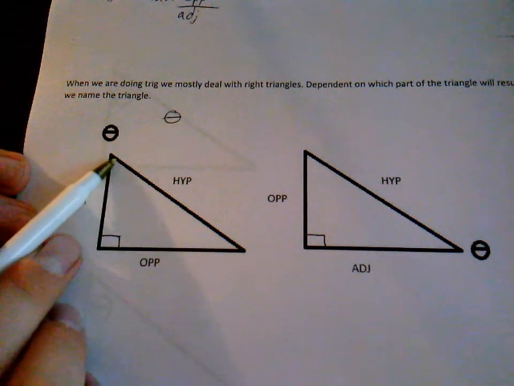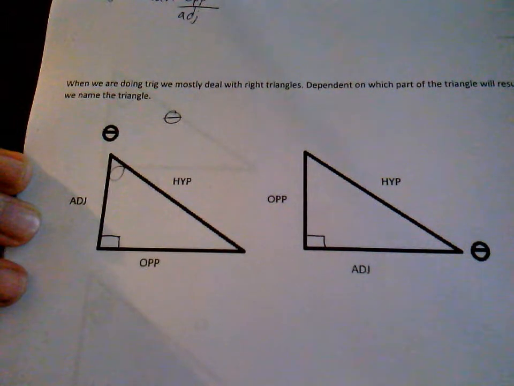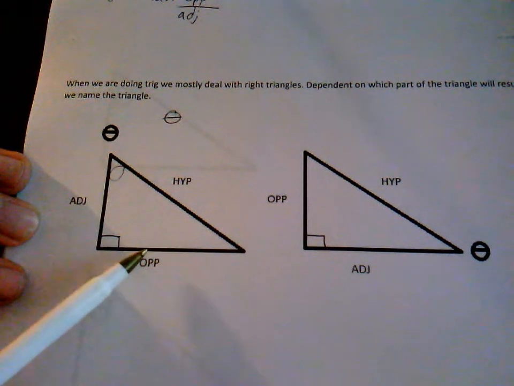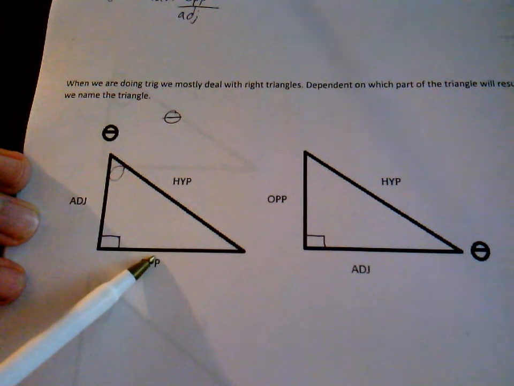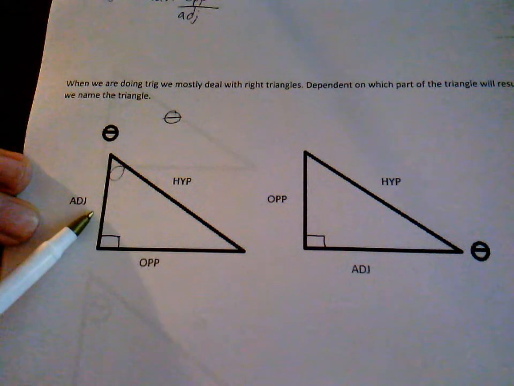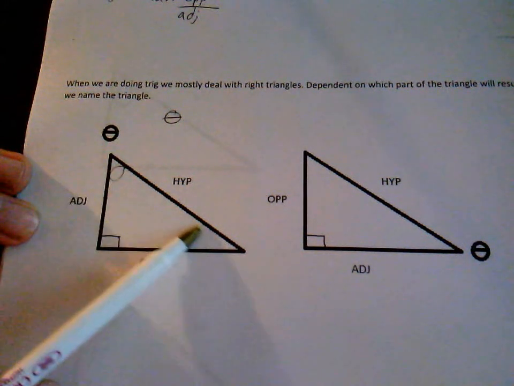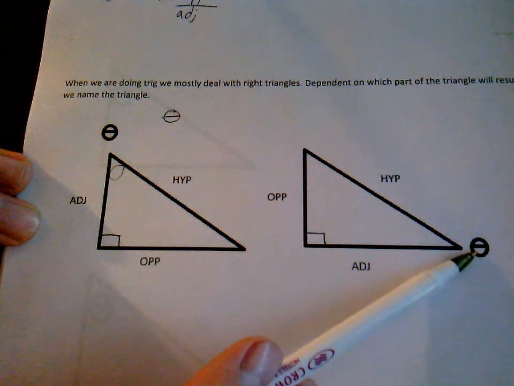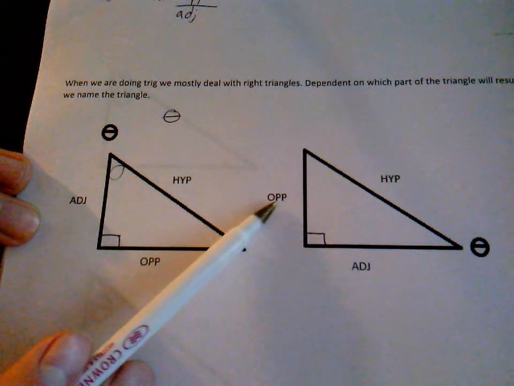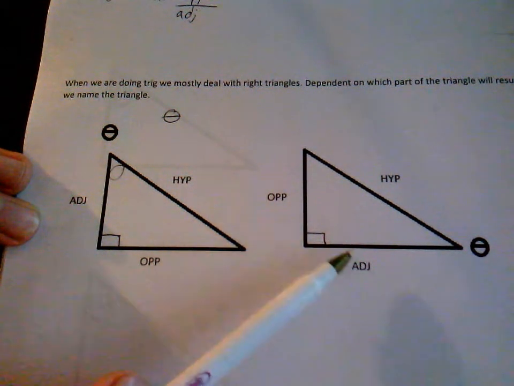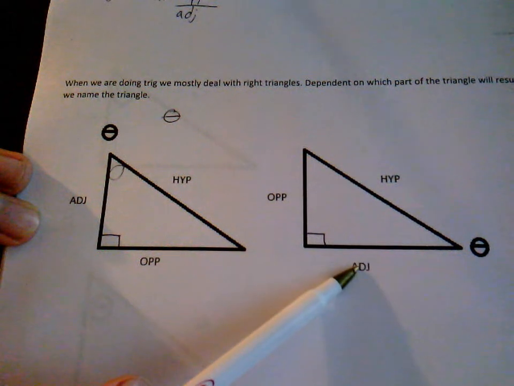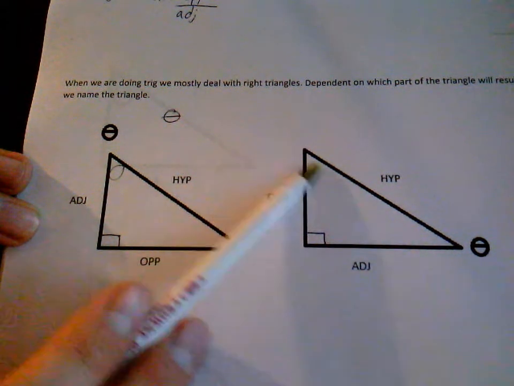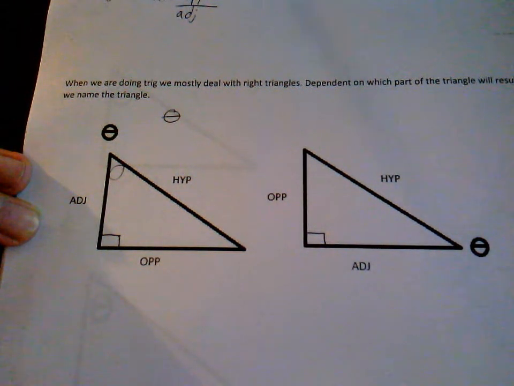The adjacent side is the one next to the theta that's not the hypotenuse. And the hypotenuse is always your longest side. This one over here, same idea. Opposite is opposite the theta. Adjacent is always next to the theta. Hypotenuse is always the longest side.